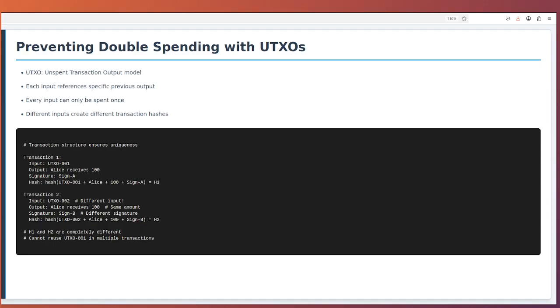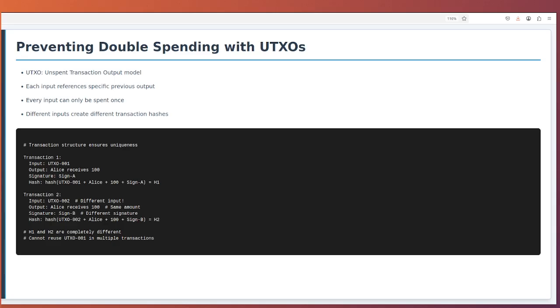Every transaction has inputs that consume previous UTXOs and outputs that create new UTXOs. When you spend Bitcoin, you are actually consuming specific previous outputs and creating new ones. Each input can only be used once, ever. If you try to create a second transaction spending the same input, every node will reject it as a double spend.